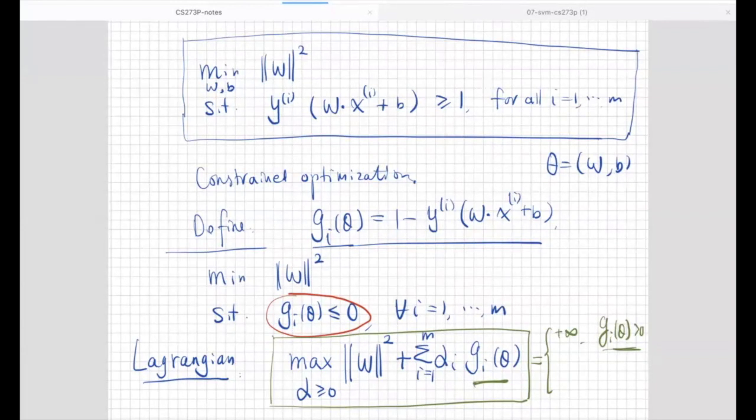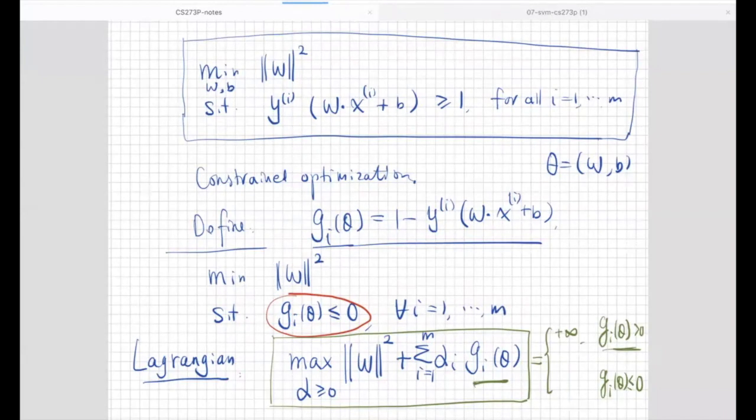So that's clear. And what happens, on the other hand, if g sub i of theta is non-positive, less than or equal to 0? What would be the maximal solution of this problem? Well, in this case it's negative, so if I want to make this number maximal, which value should I choose? I'm going to choose alpha sub i to be 0, because as long as alpha sub i is any positive number, I get negative numbers.